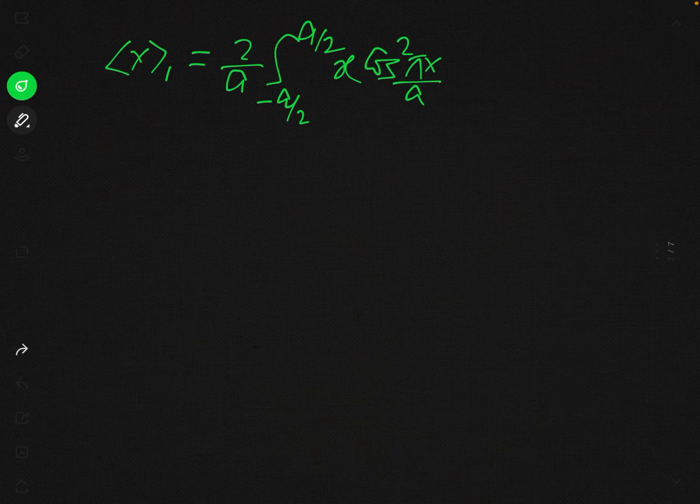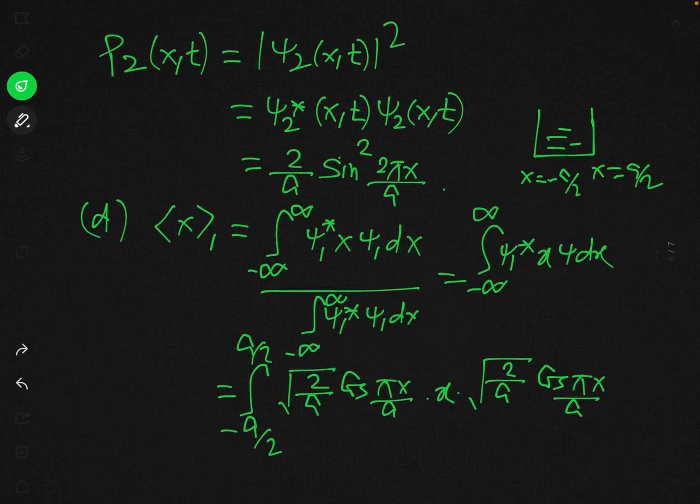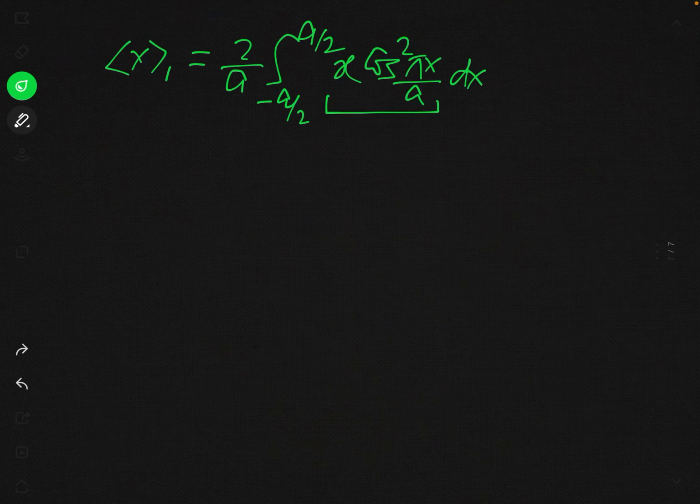Now you can easily see that this function x is an odd function, and cos square pi x over a is an even function, and you know the product of an even and an odd function is an odd function. So this product is an odd function.